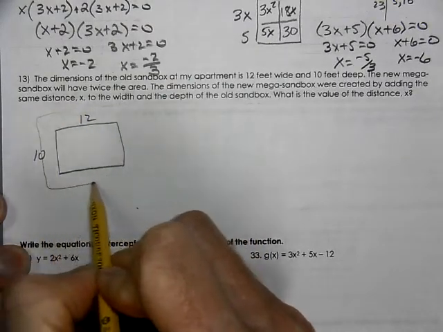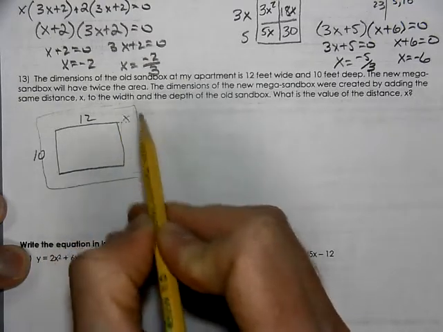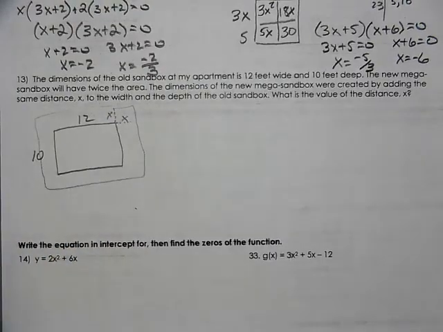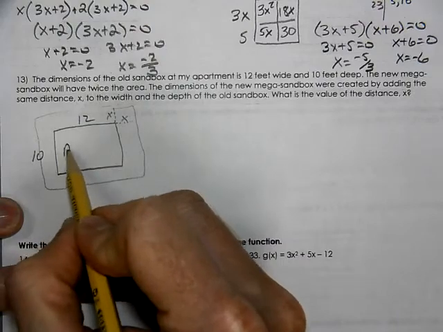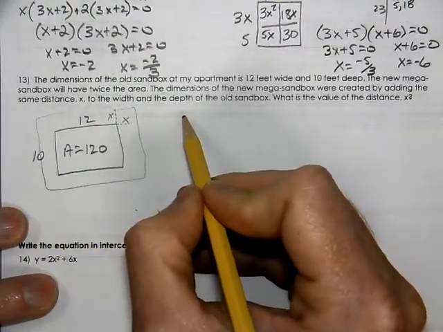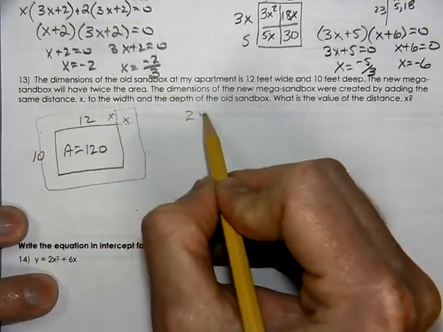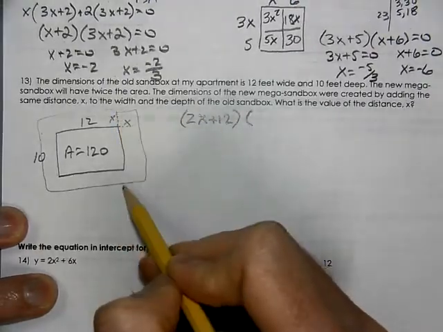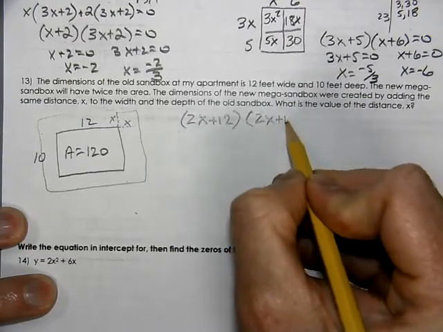So the new one's going to be bigger, and we're going to add an x value to each of the dimensions. So when we look at this, we currently have an area of 120. So we know that an x on either side is going to give us 2x plus 12. Up and down is going to give us 2x plus 10.